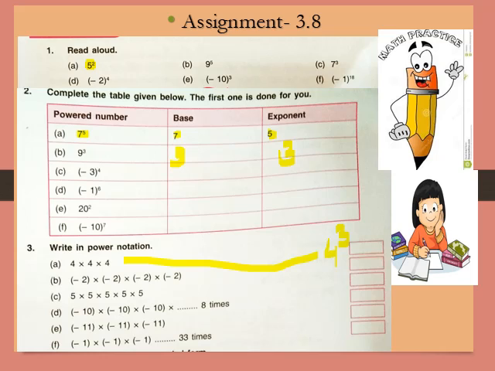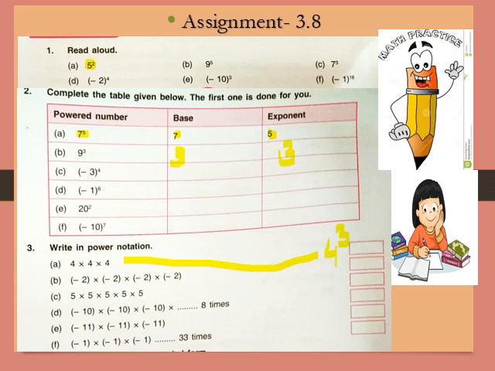It's very easy. Here 7 is the base, 5 is the exponent. Here what is the base? 9 is the base and 3 is the exponent. And the remaining questions, can you solve these?